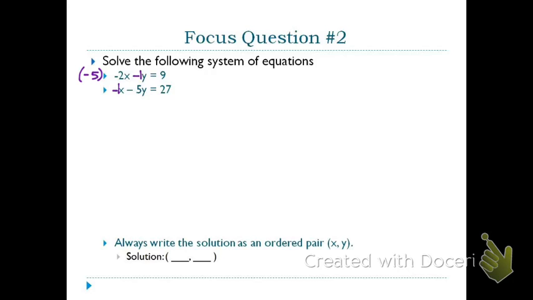So we multiply the negative 5 through. We're multiplying 5 and then just switching signs. So you'll see we have negative 5 times negative 2 is 10x. And behind that we get plus 5y. And that's equal to negative 45.